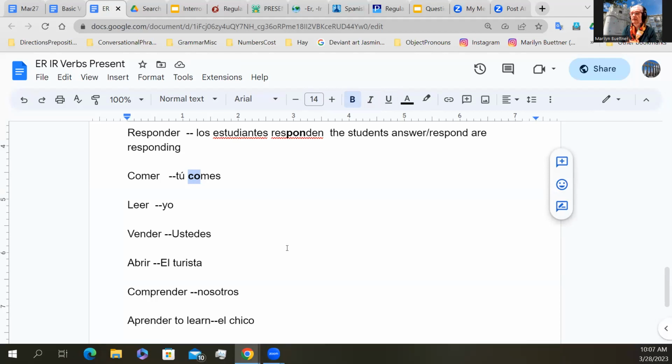There is the syllable that we punch harder. Comes. And how would we say that idea in English? Tú comes. You eat, or maybe you are eating, because remember, we can use present tense to talk about you are eating. That's something we say sometimes in English that conveys the same idea.